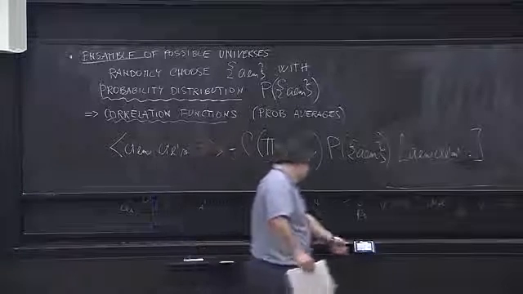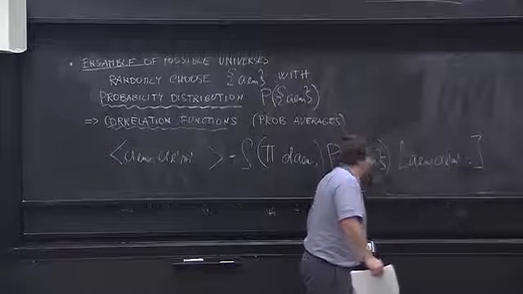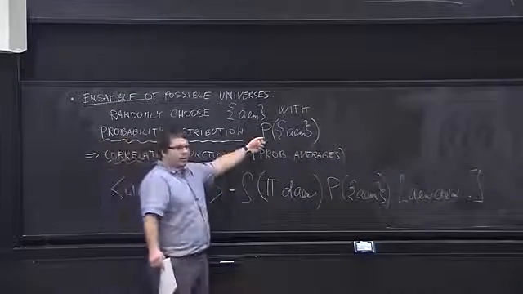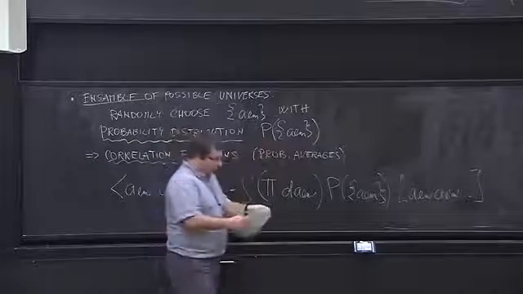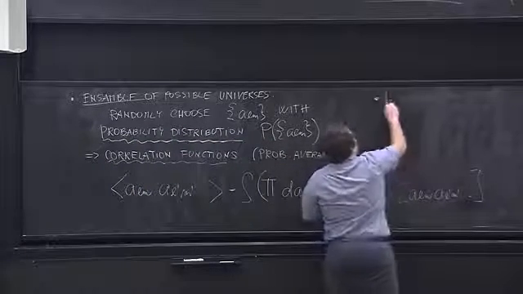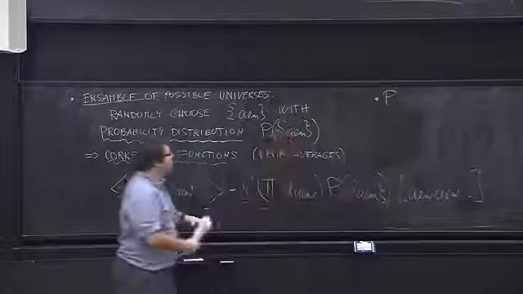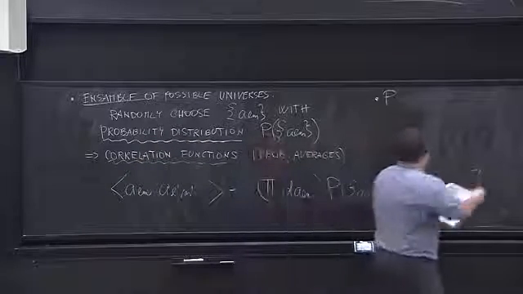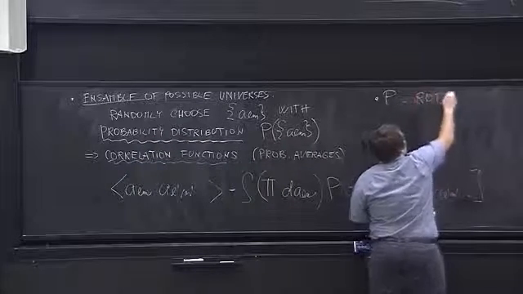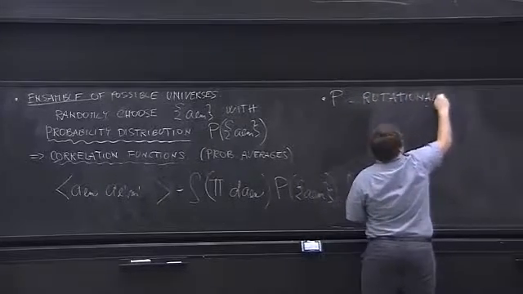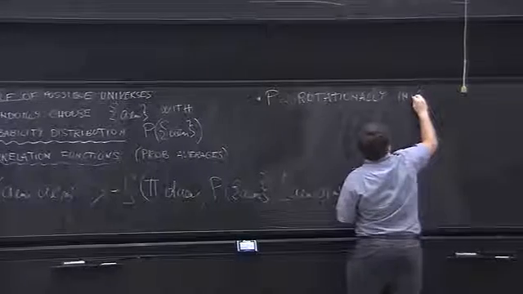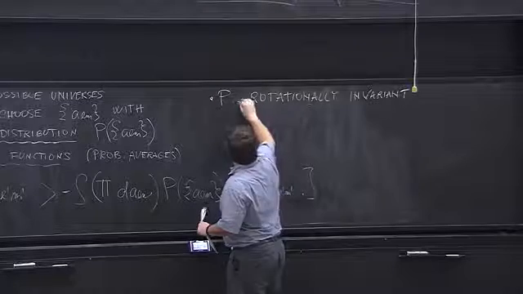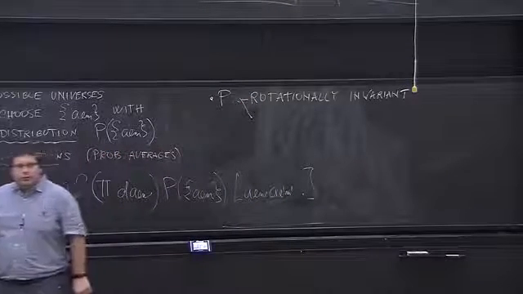Inflation gives you the right kind of P, but you have some observational constraints on what this P can be. P has to be rotationally invariant. That's a reasonable constraint.